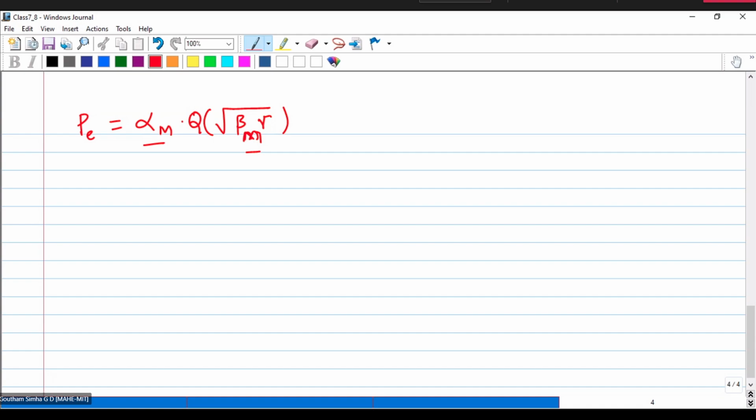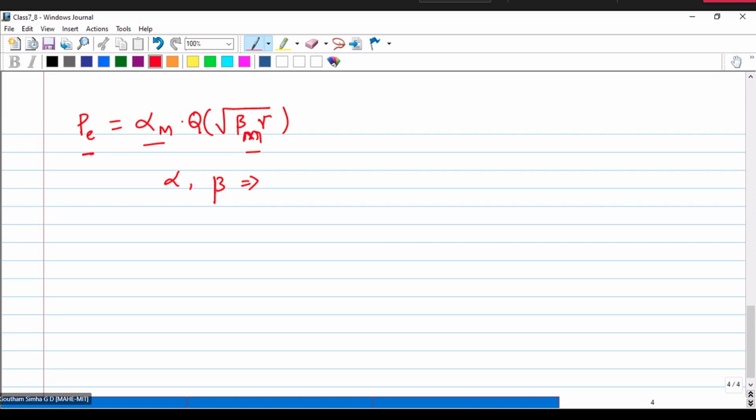A general expression can be obtained for coherent modulation schemes, in terms of probability of error P_E as alpha into Q function of square root of 2 into gamma_s or something like that. Alpha and beta are constants that depend on the modulation scheme that you are going to use.